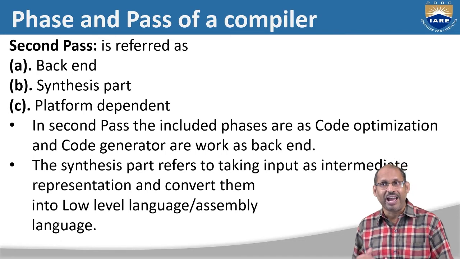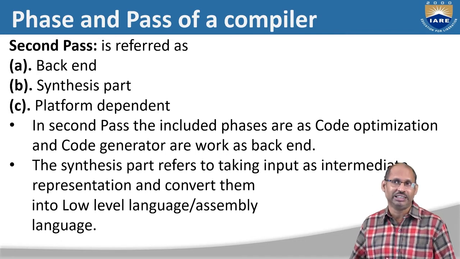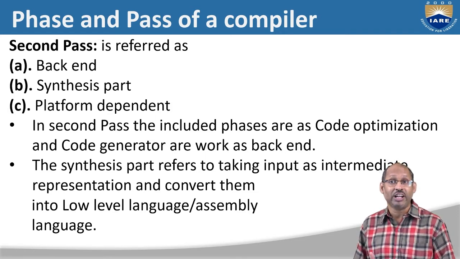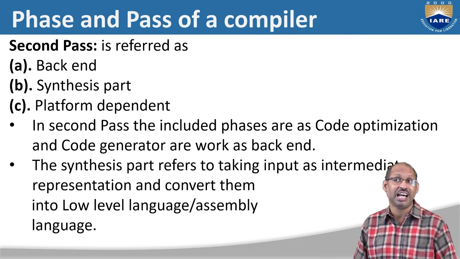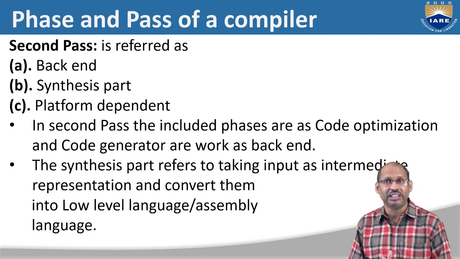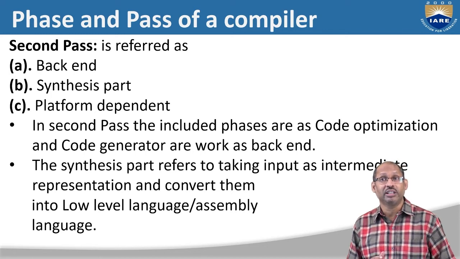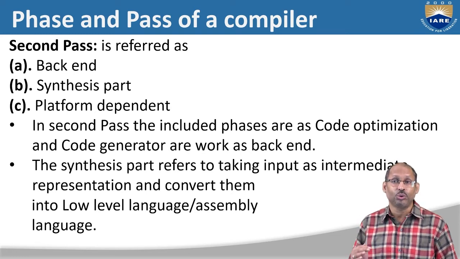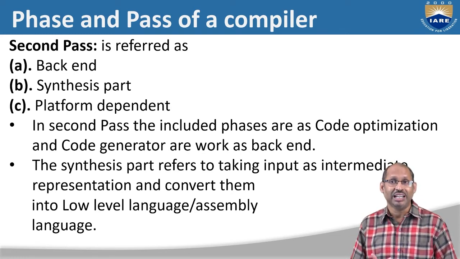The code generator of the backend will follow the machine instruction formats and the instruction sets of the machine on which it is executing, and finally it converts to the low level language, assembly language, or machine level language. So this backend or synthesis phase will convert the optimized intermediate code to machine code, assembly code, or low level language code.